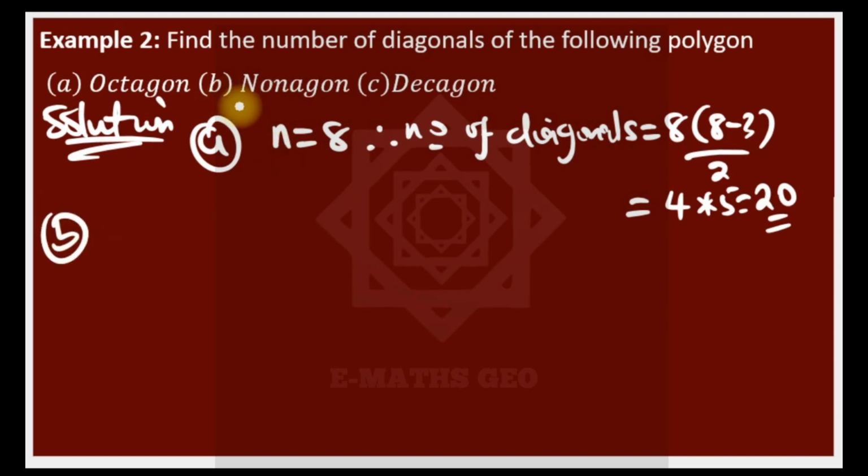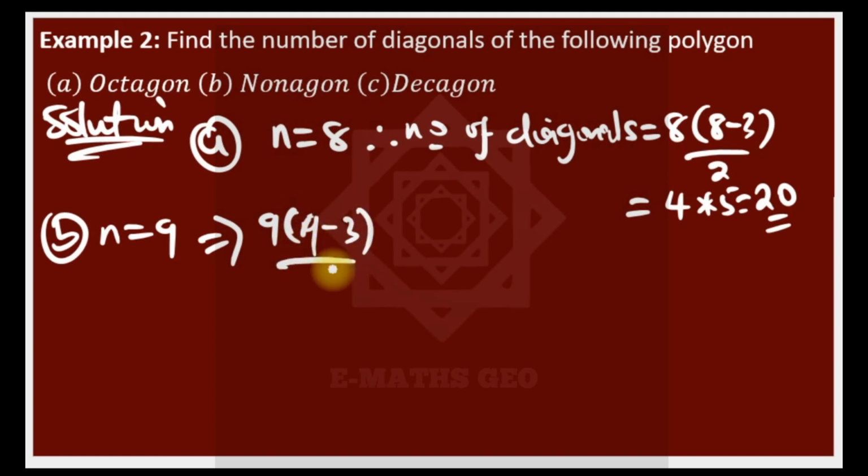The second, nonagon. So n is 9. Remember, nonagon is a 9-sided polygon. Which implies that we have 9 times 9 minus 3 over 2, which is 9 times 6 over 2, which is 3.